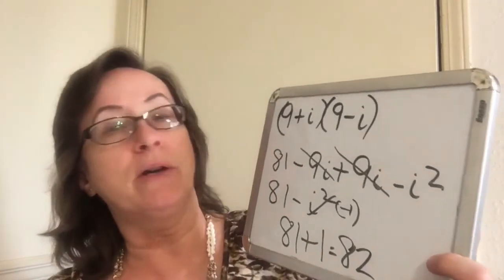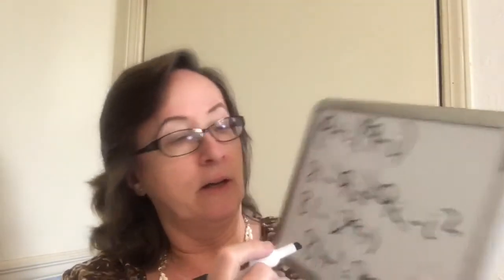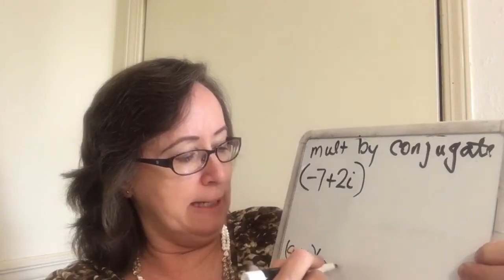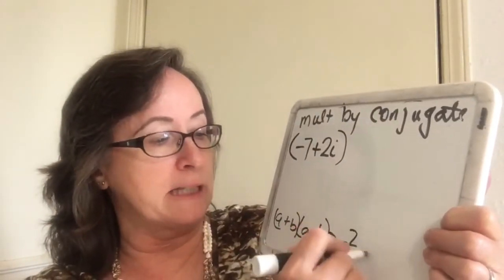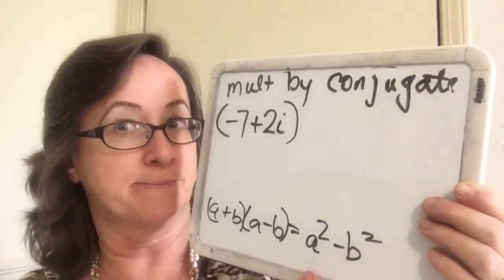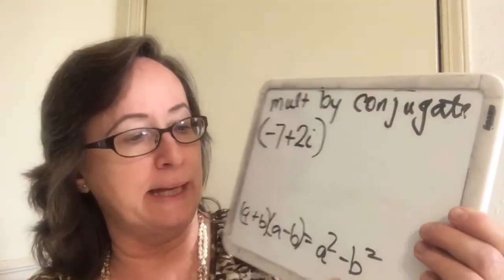Okay, now remember when we were doing conjugates before, we did A plus B times A minus B, and when we FOILed that together, we got A squared minus B squared. That's what we got when we were doing real math, okay? But notice what's going to happen here.